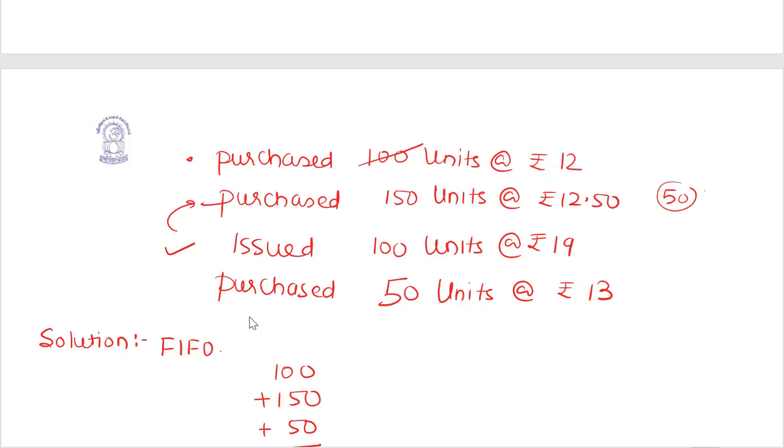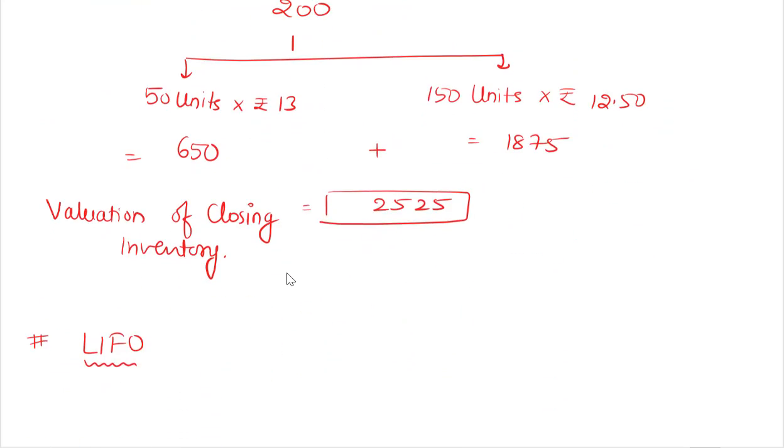So this 100 is remaining, this 50 is remaining, and this 50 is remaining. So 100 multiplied by 12, 50 multiplied by 12.5, and 50 units multiplied by 13 would be the value of closing stock as per LIFO.